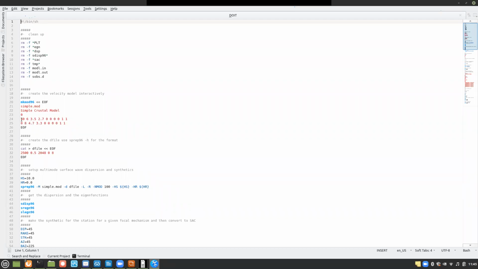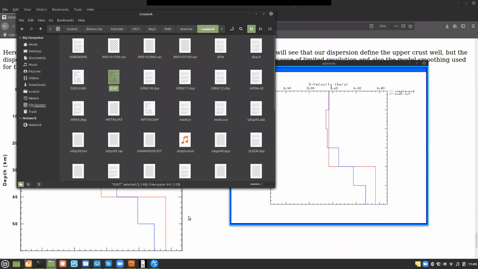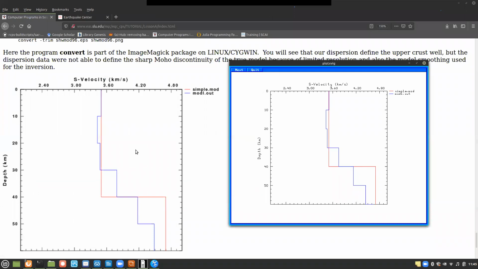We just gave one layer over a half space. So we just gave a layer up to 40 kilometers as our initial model. And depending on the data we had, the inverse problem is saying, no, our velocity structure is not that simple. Up to 10 kilometers, the velocity is around 3.5, so it's almost the same as our initial guess.